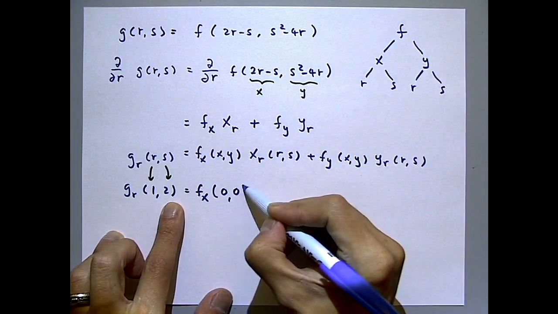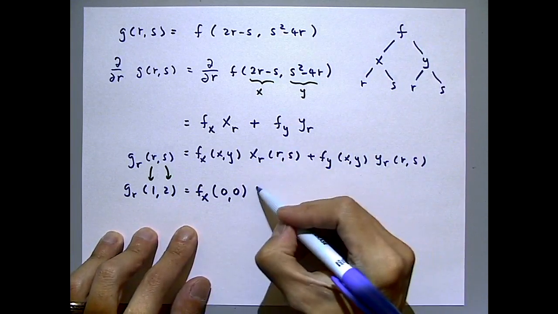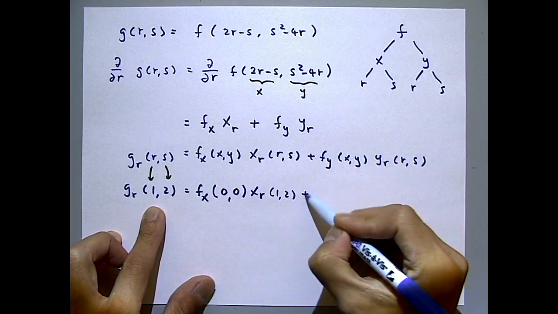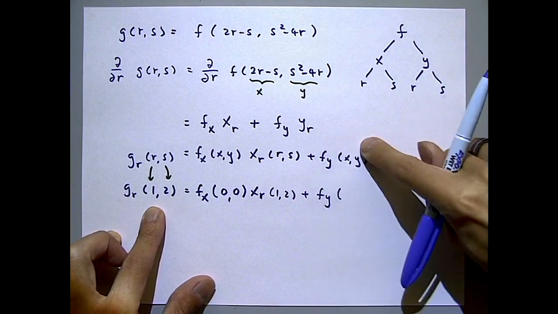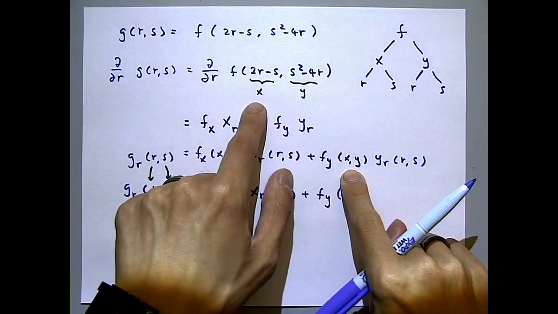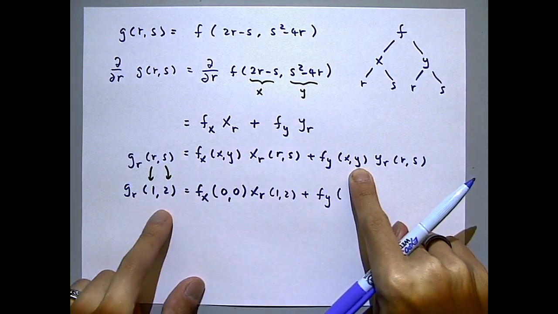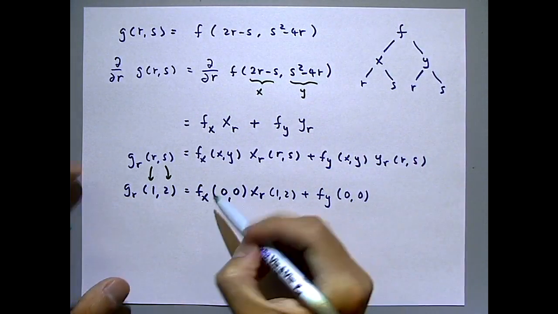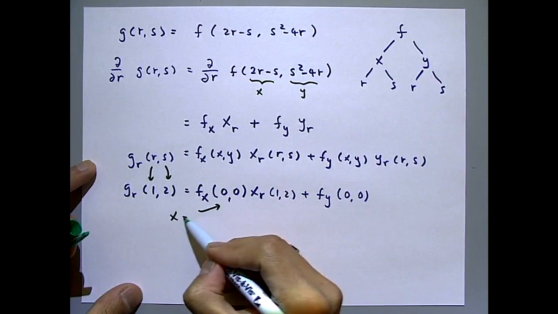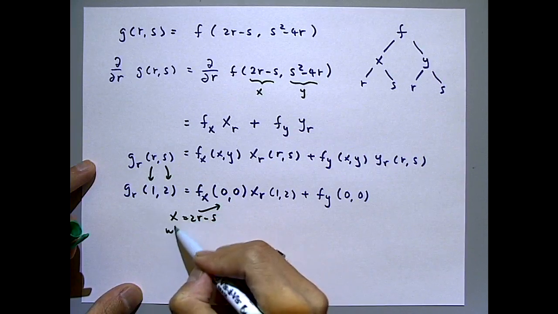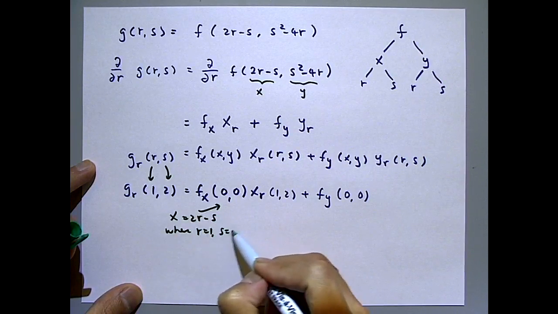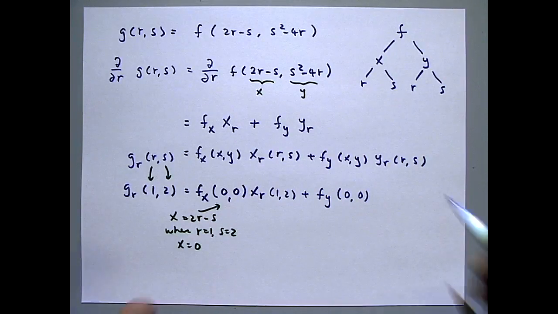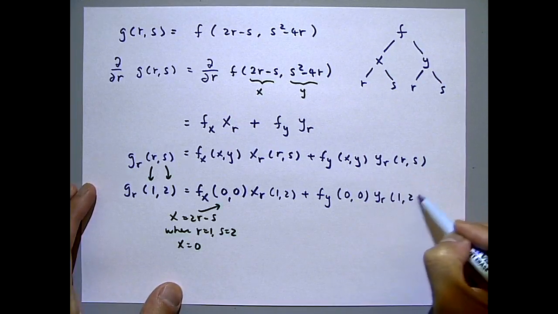Okay. Here, in x_r, we know what r and s are, 1, 2. Same thing here. f_y, x is this, y is that. If r and s are these two, same thing, 0, 0. So let me write this down. This is x equal to 2r minus s. When r is equal to 1, s is equal to 2, x is equal to 0. Same idea for the y.